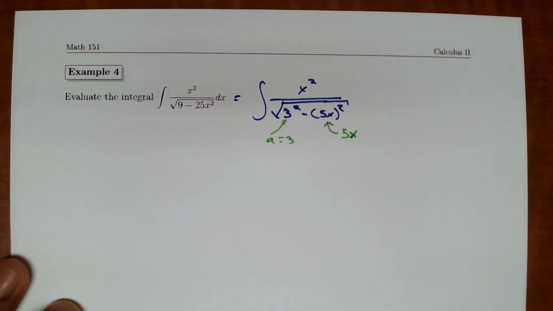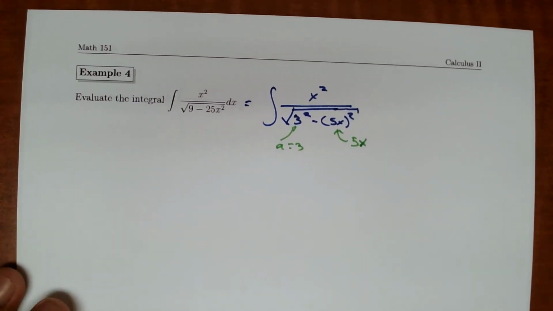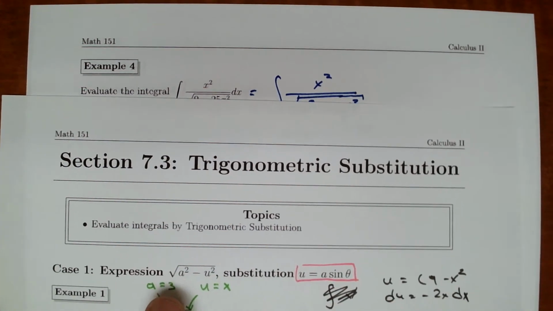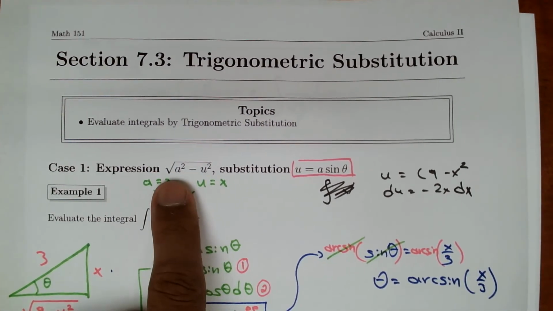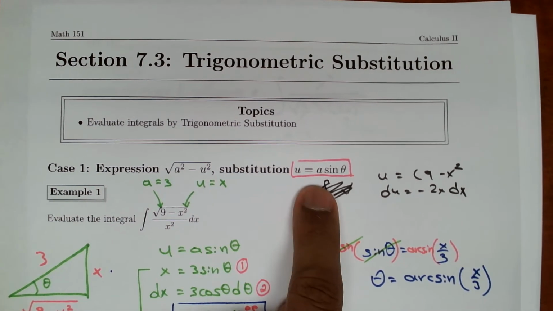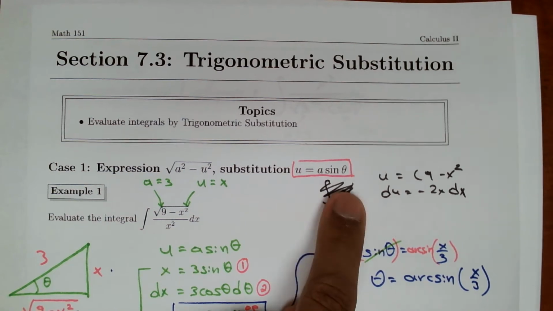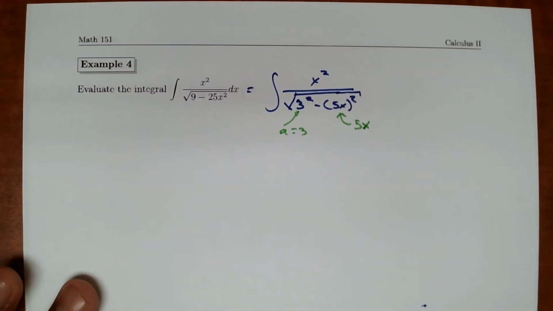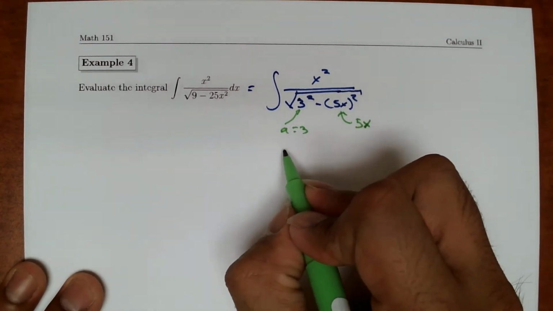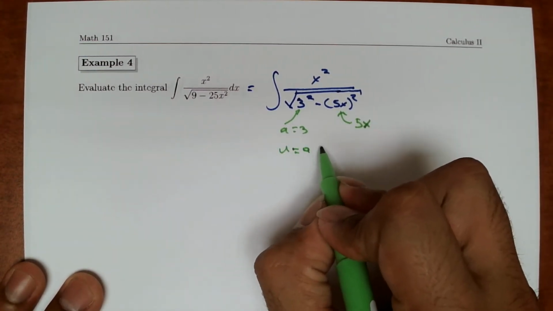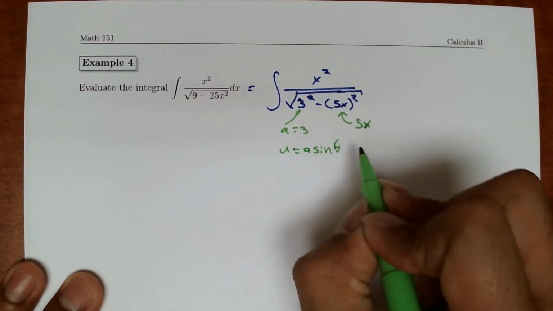From here, if we look at the form, this one looks exactly like case 1, in which the expression is of the form radical a squared minus u squared, whose substitution will be u equals a sine theta. So let's set the substitution u equals a sine theta.